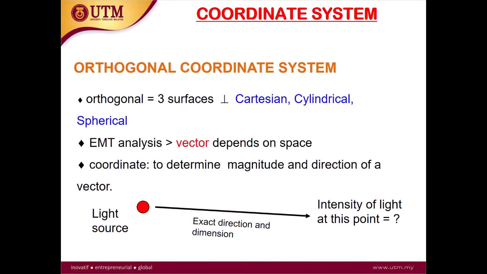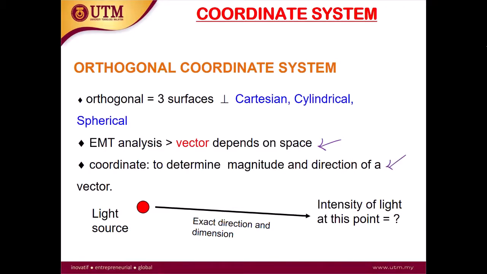What is a coordinate system? The orthogonal coordinate system has three surfaces, whether Cartesian, cylindrical, or spherical. When doing EMT analysis, the vector depends on space. The second part is the coordinate, to determine the magnitude and direction of vectors.